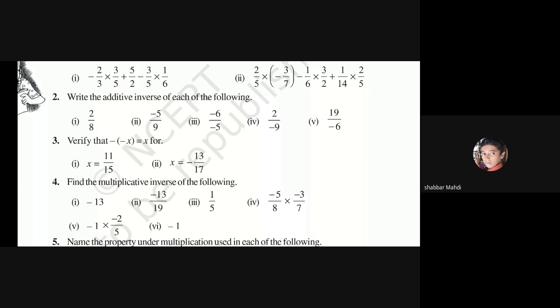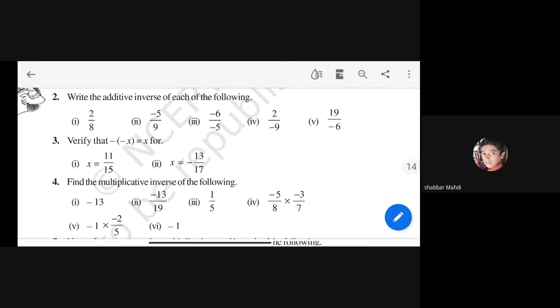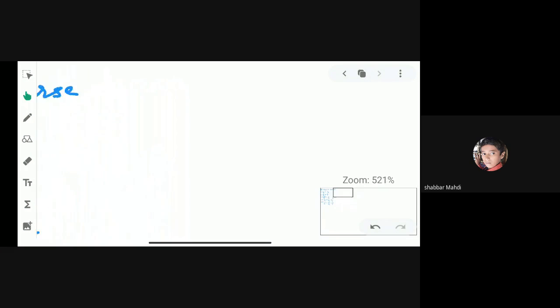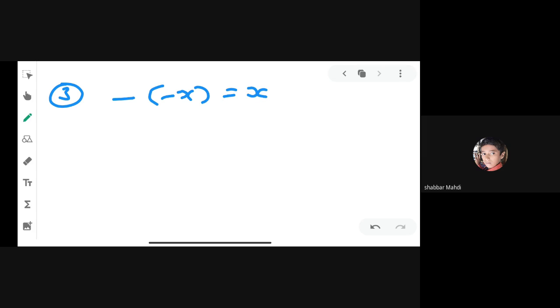Verify that minus in bracket minus x is equal to x, for x equal to 11 by 15 and x equal to minus 13 by 17. You can see. Question number 3, we have to verify that minus of minus x is equal to x.